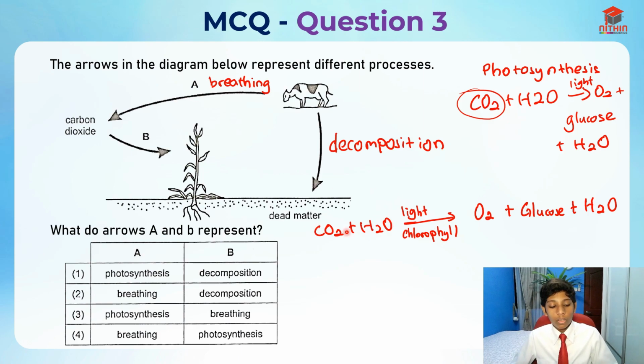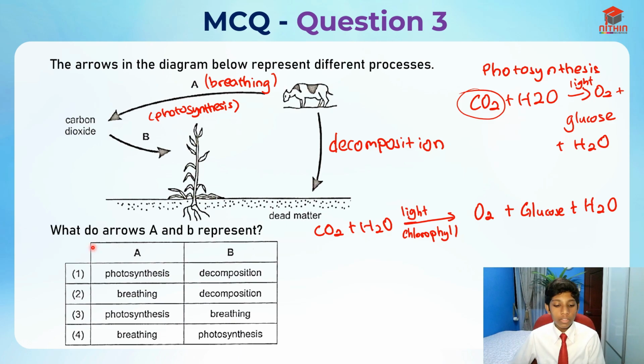So that's how we can derive that process B is actually photosynthesis. Okay? So A is breathing and B should be photosynthesis. Okay?